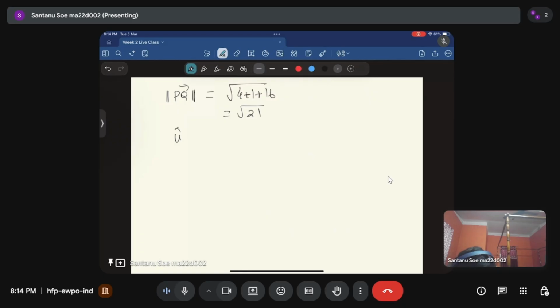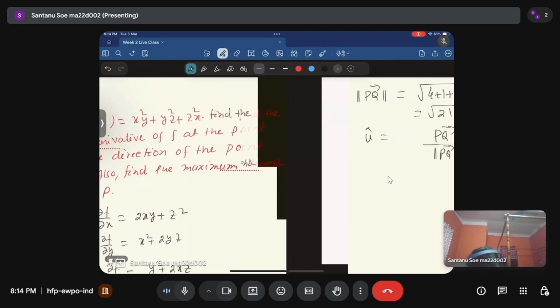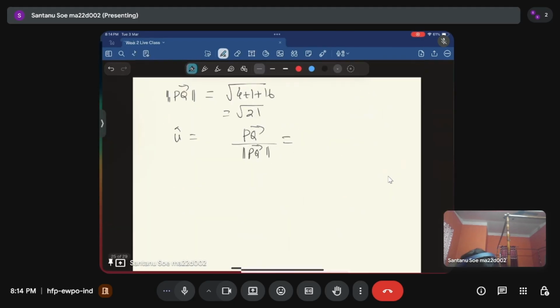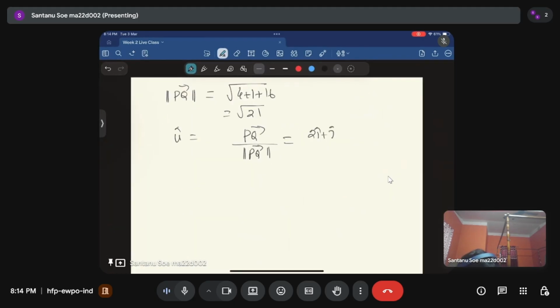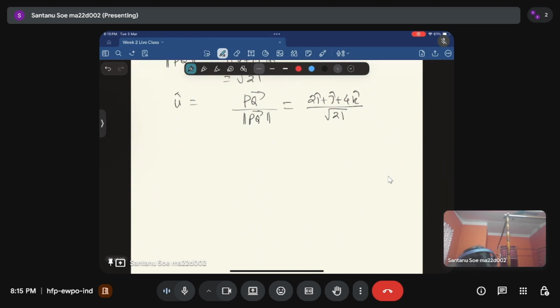And now our unit vector u cap will be PQ divided by norm of PQ. And this is gonna be 2i plus j plus 4k divided by square root of 21.